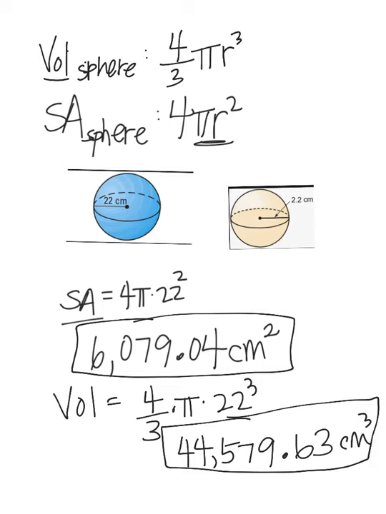So make sure we are paying attention that surface area is squared and volume is cubed. Those are really the only 2 new formulas. On your assignment, you might have some cones and cylinders and spheres, prisms, pyramids. So just be watching whether I am asking you for surface area or volume.